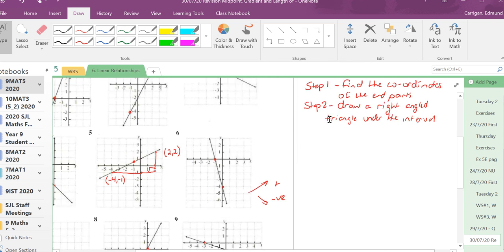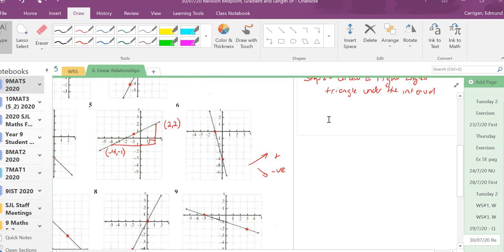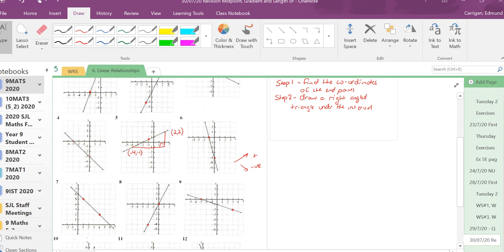Okay, so question 8, if we come down here and have a look at our points, we have got 2 points. This one here, x is -2, y is -4. The other one we have got 0, 0.